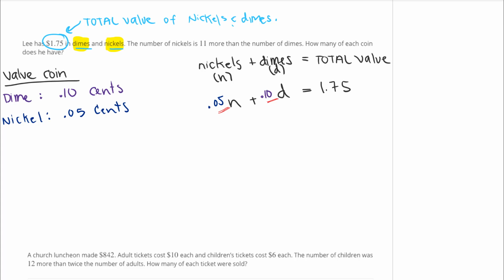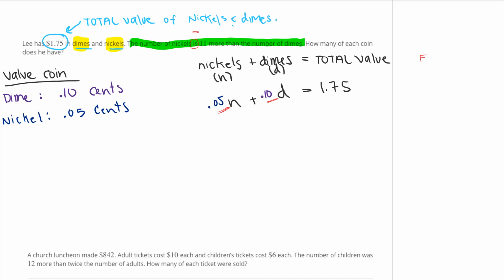So now, if I read that second sentence, that's how we're going to get our second equation. It says the number of nickels is 11 more than the number of dimes. So we have to translate that into a mathematical equation. So that word is, you can always think of that as an equals.